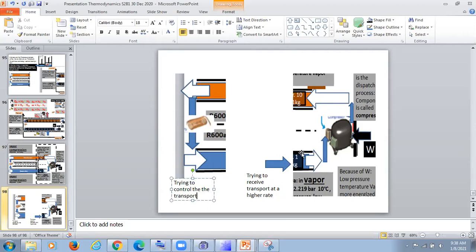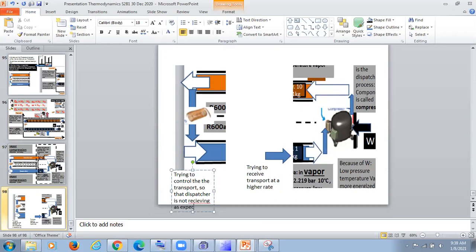the compressor or the dispatcher will not receive as expected, so that the dispatcher is not receiving as expected. So this is the situation.